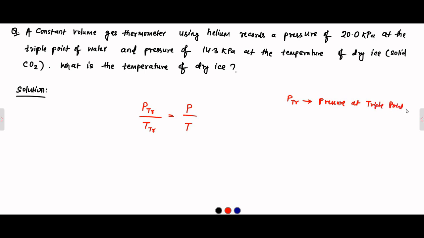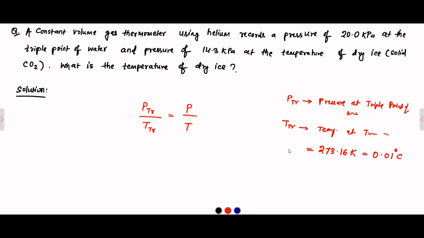T_TR is the temperature at the triple point of water. This is equal to how much? 273.16 Kelvin. Here the data is not given, so you have to remember it. It's expected that you remember it, 0.01 degrees Celsius.